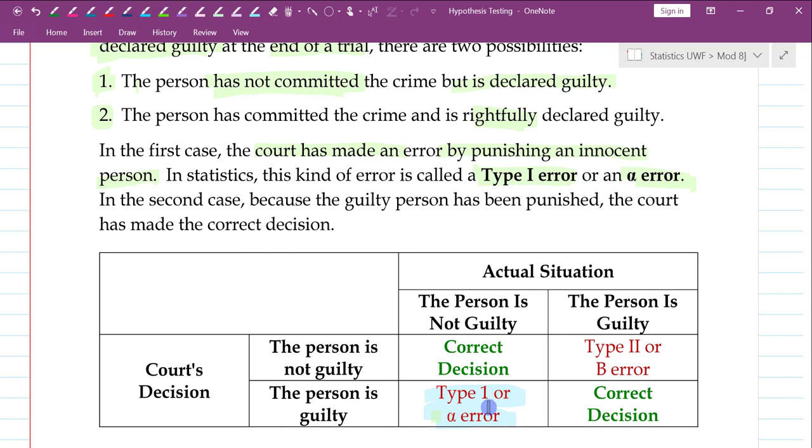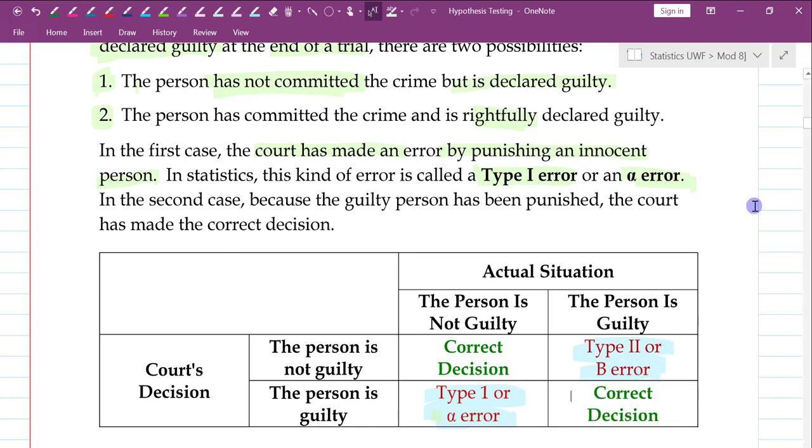We would rather miss the fact that they really are cheating the customers and declare that they aren't cheating the customers than to falsely accuse a company of cheating customers because we had a study that showed that they were putting in less, when they really are not cheating the customers. Okay, it's very important that you understand this. So we want to always control what's called a type 1 error.